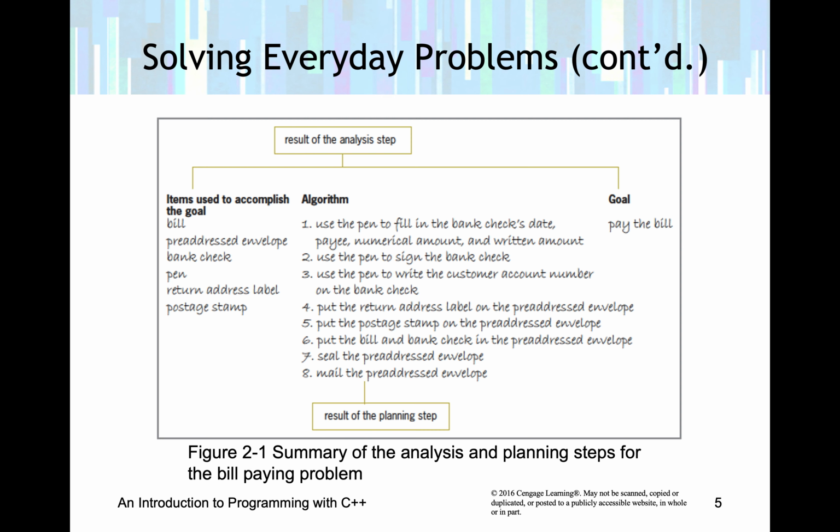Not everybody's going to think that you should do the check before you fill out the envelope. Somebody may put the postage stamp on before they fill out the return address. So it's just something to keep in mind, that everybody's solution is different.